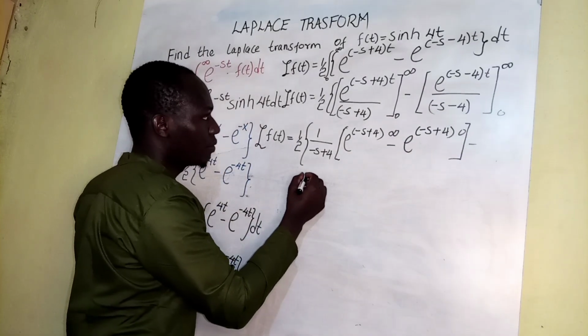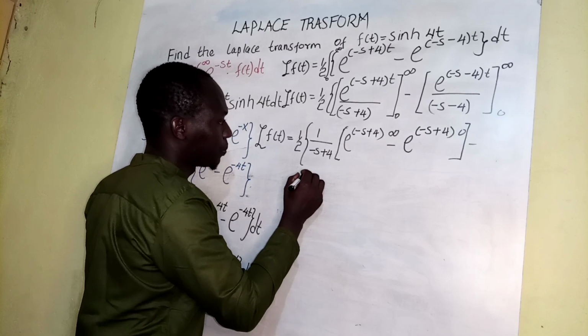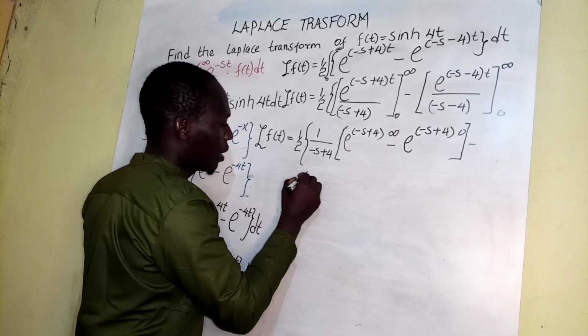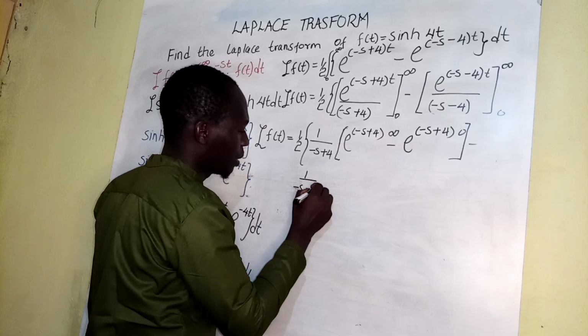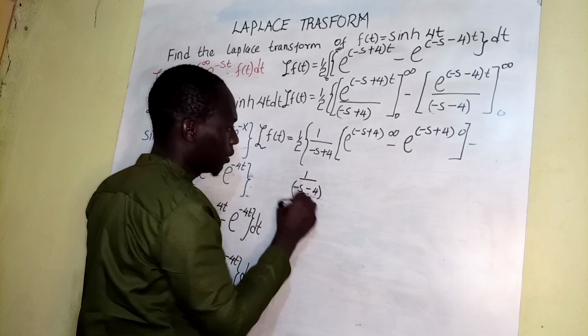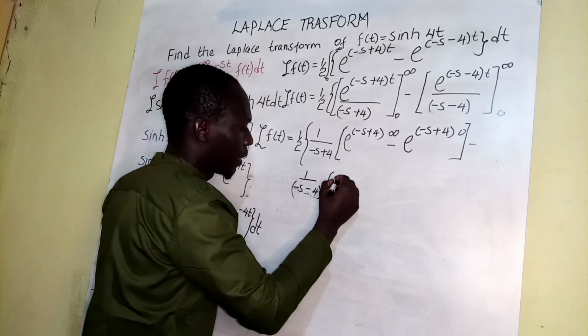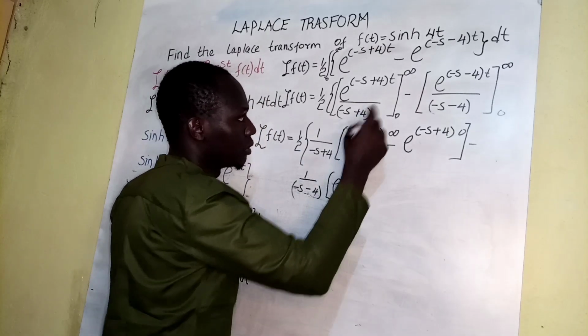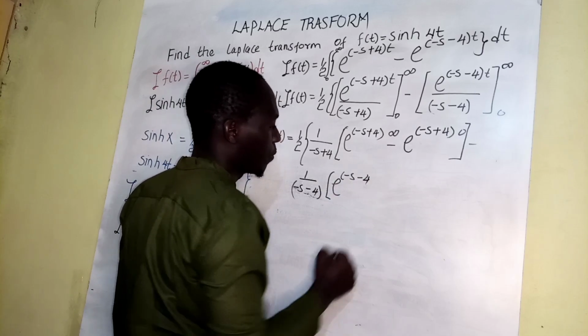We are going to have one all over negative s we subtract from 4. We multiply by exponential negative s we subtract from 4.